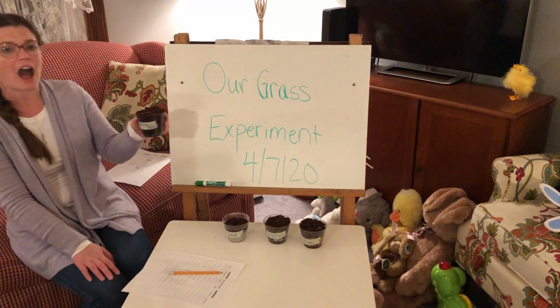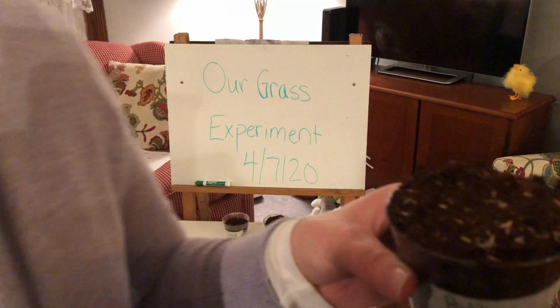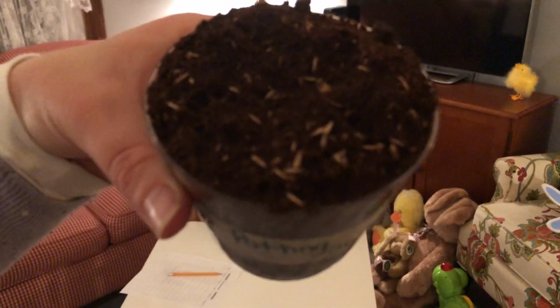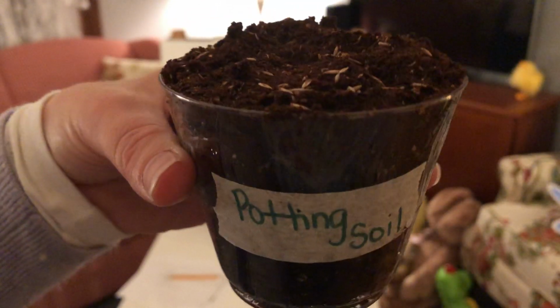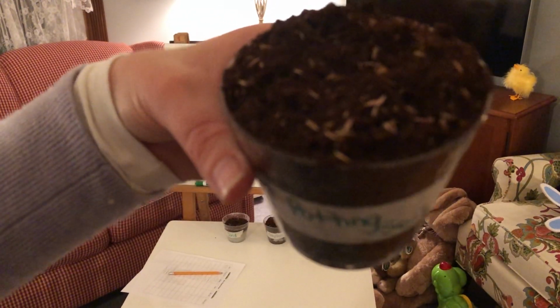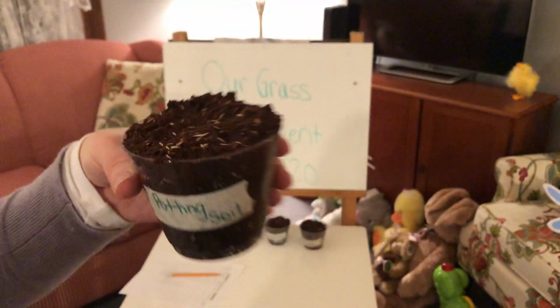This is the potting soil. I did bring this outside when it was really sunny today, just so it could get some sun, and I kept an eye on it to make sure that the pesky squirrels didn't get it. All right, take a look at what you notice. No little sprouts or anything yet.